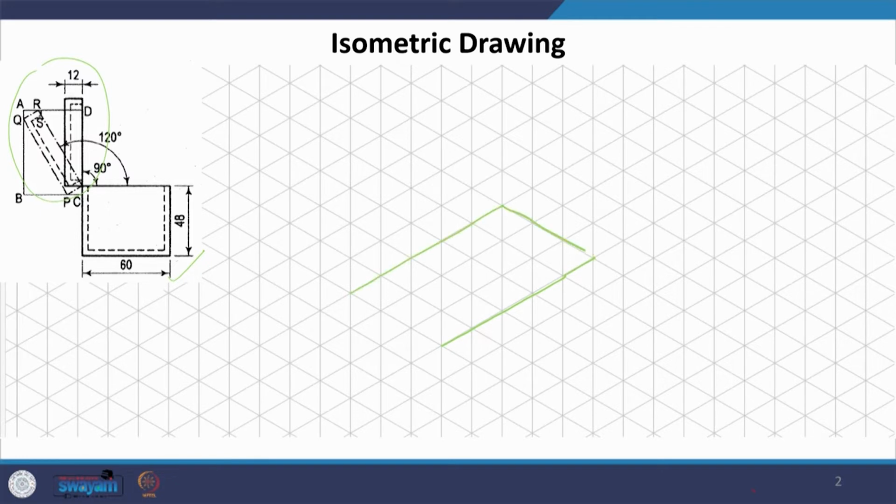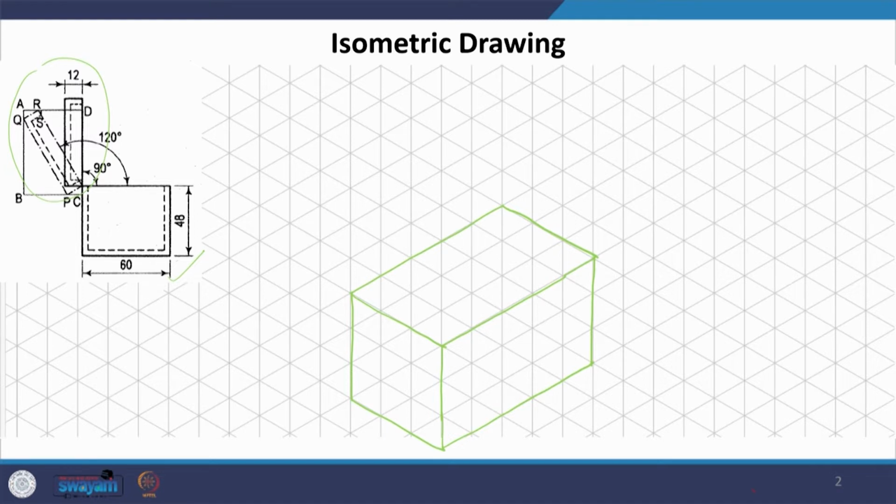Now, initially when I say that I am taking a green colored line, it means that I am taking it in light. This is a light line as far as its darkness is concerned, but it is solid. Do not go by proportions.